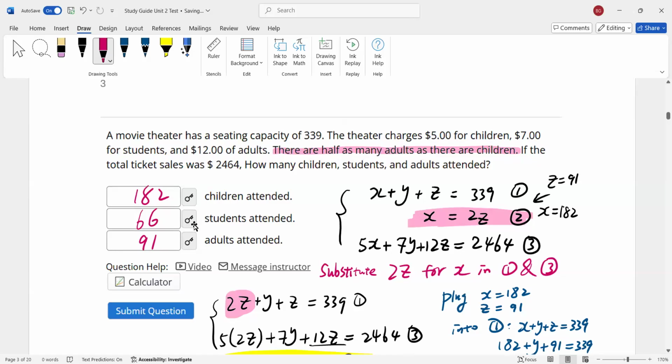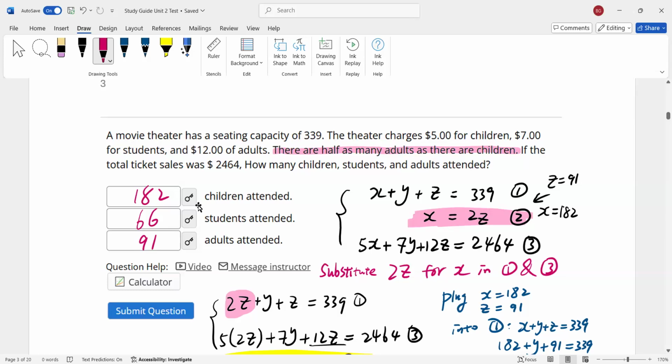They do add up to 339. Yeah, the sum of the three numbers is 339, that matches. And the number of children is twice the number of adults, that matches.